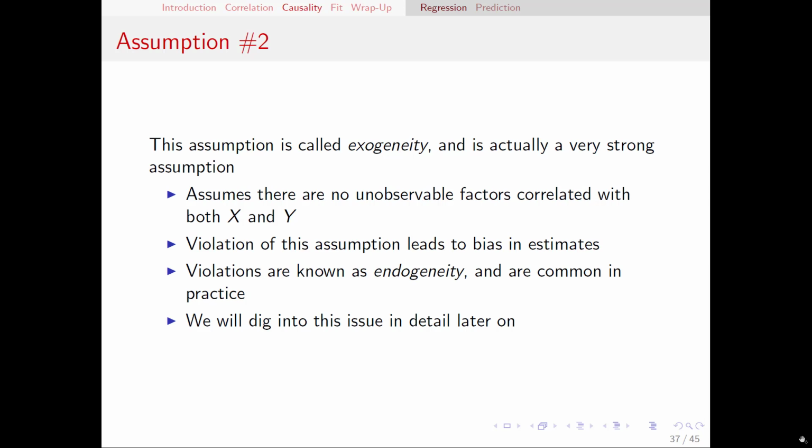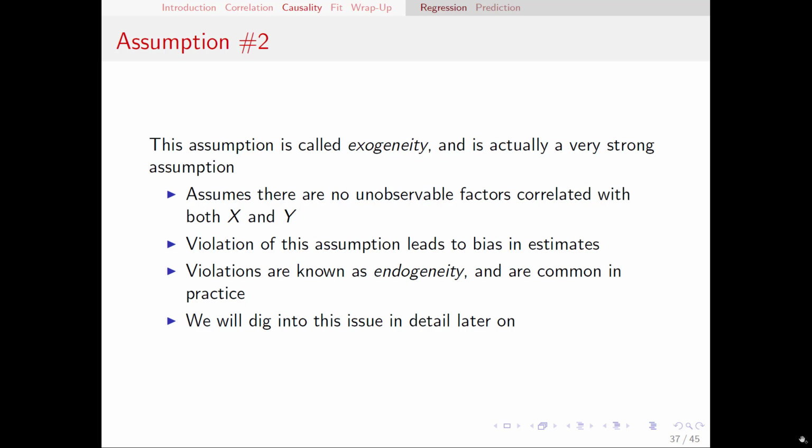If we want to claim that when x goes up by 1, then y changes by beta 1, but our estimate of beta 1 is biased, then we can't say that anymore. What we mean by bias is a persistent error. That is to say that on average, our estimate is going to be off. No matter how big our sample size is, and no matter how precise our estimates are, they're still on average going to be wrong.